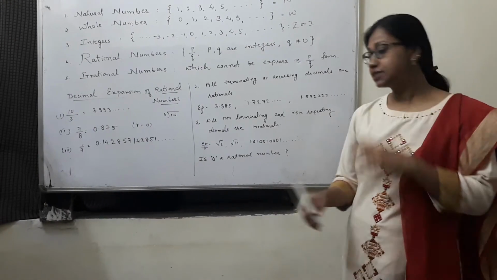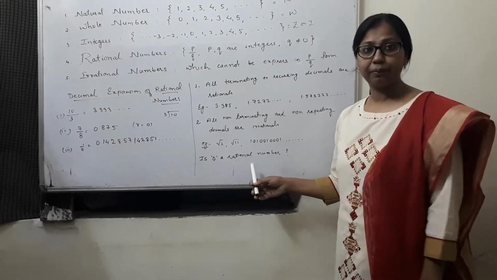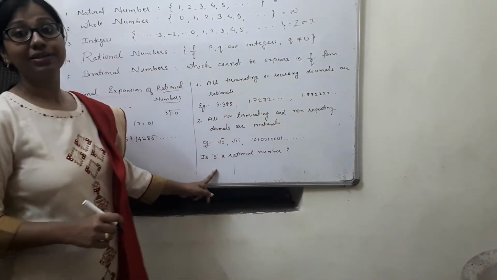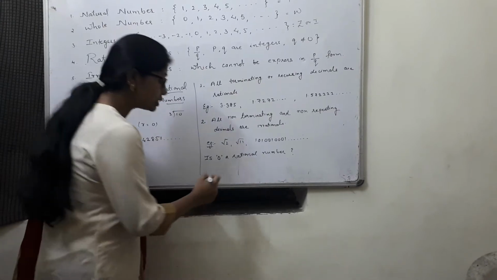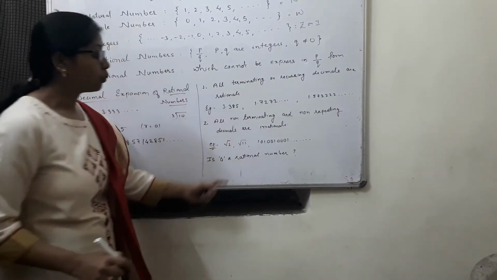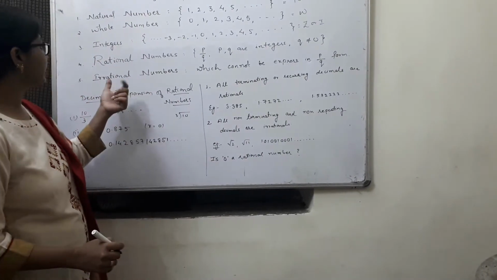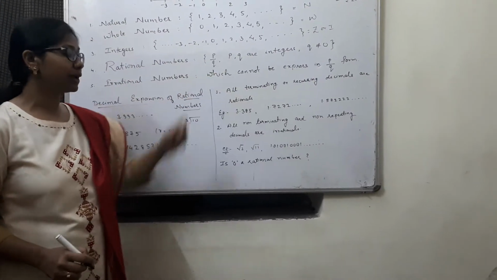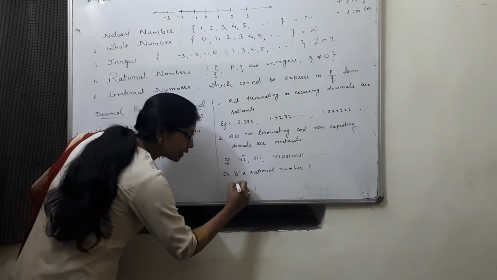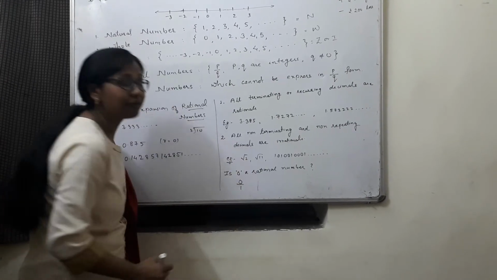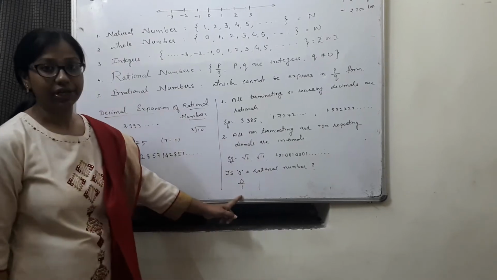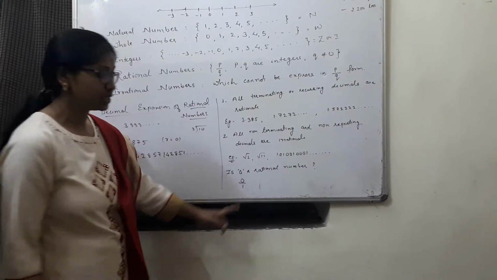Now the question is, is 0 a rational number? Yes. 0 is a rational number. Let us check its definition. Rational numbers are the numbers which we can express in p by q form. So 0 we can express as 0 by 1, where 0 is an integer and 1 is also an integer and the denominator is not 0.